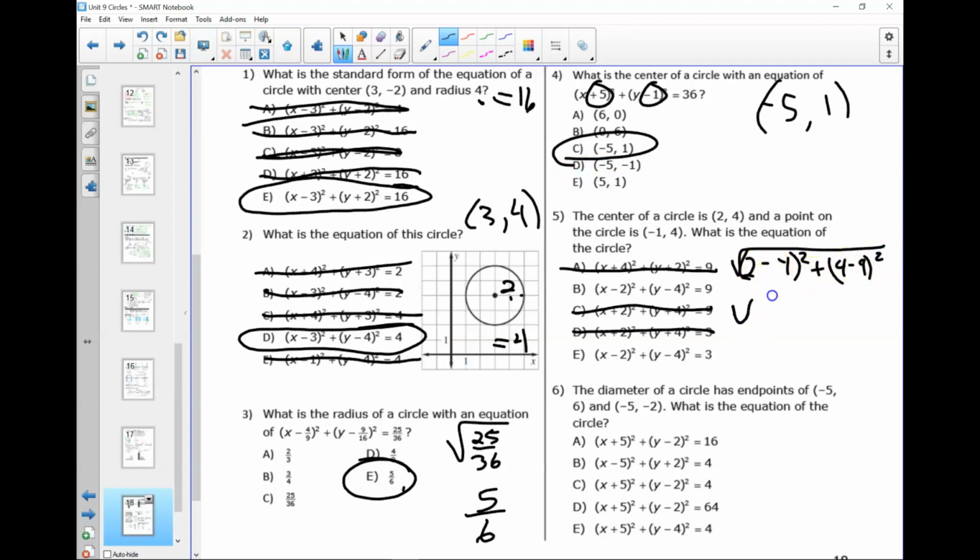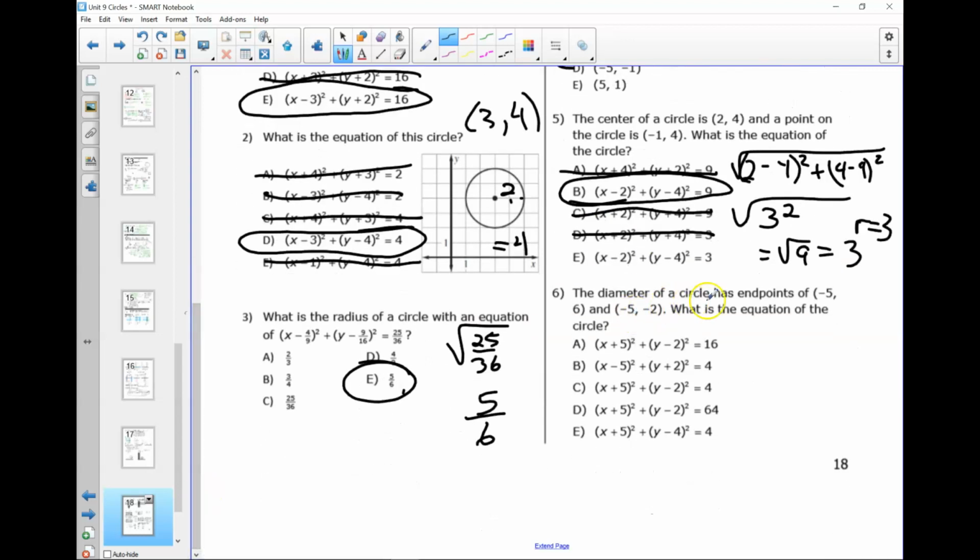Okay, 2 minus 1 is 3 squared, which is 9. Square root of 9 is 3. Okay, that's the radius. R equals 3. But we have to square that, which gives us 9. So B is our answer.